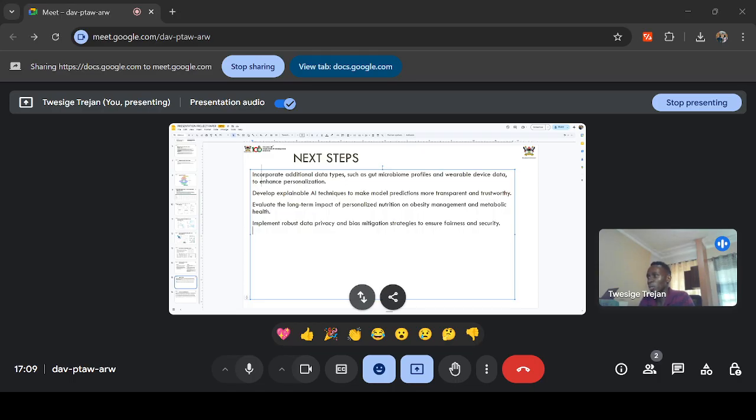We also talk about implementing robust data privacy and bias mitigation strategies to ensure fairness and security. Data privacy is one of the issues we faced in getting the genetics profiles, as many people would not like to expose their genetic profiles.